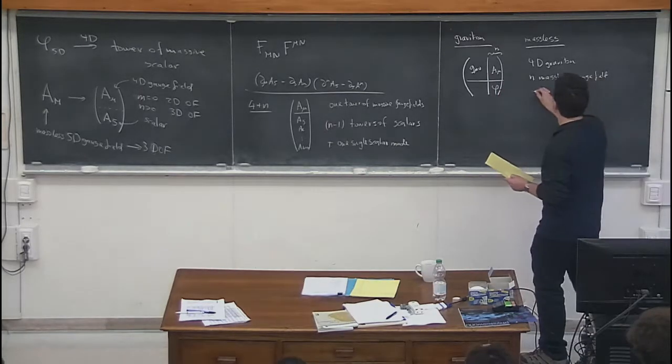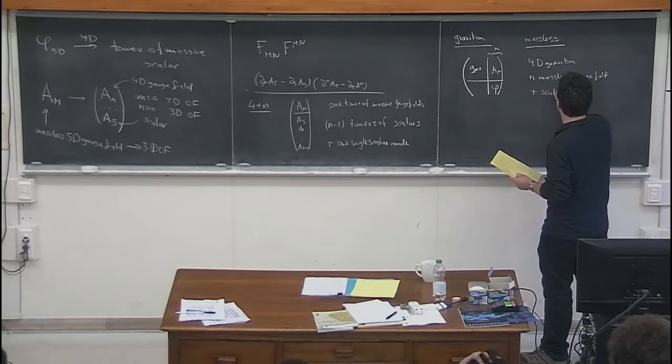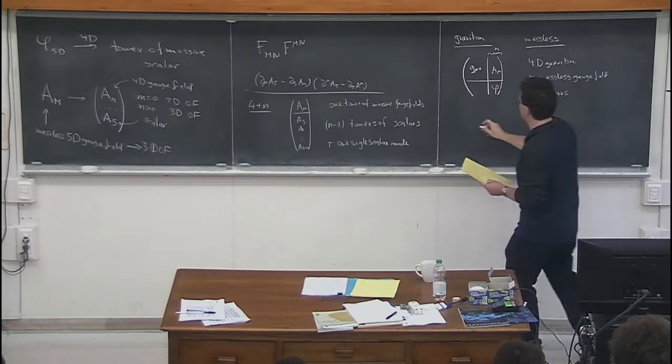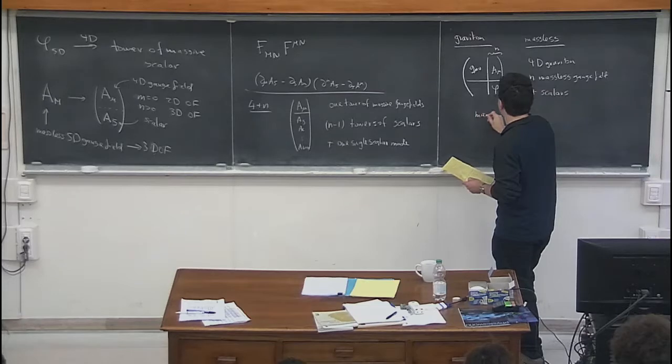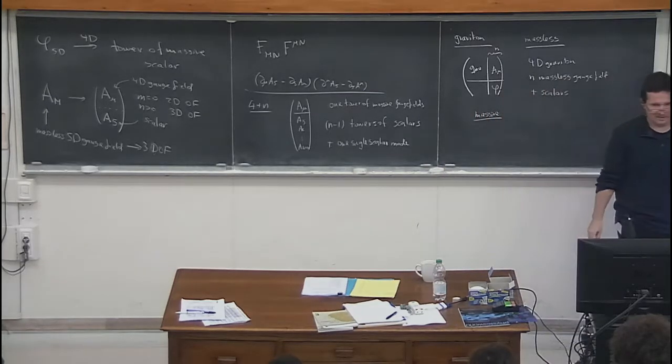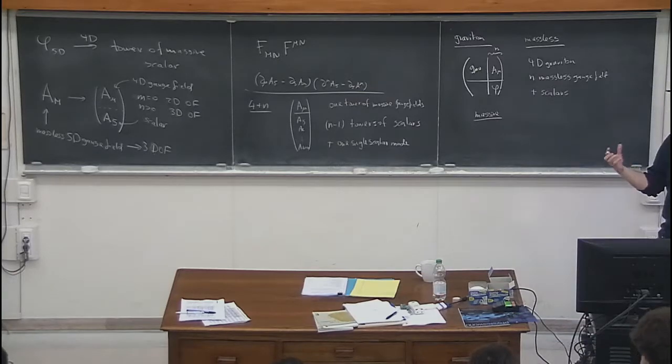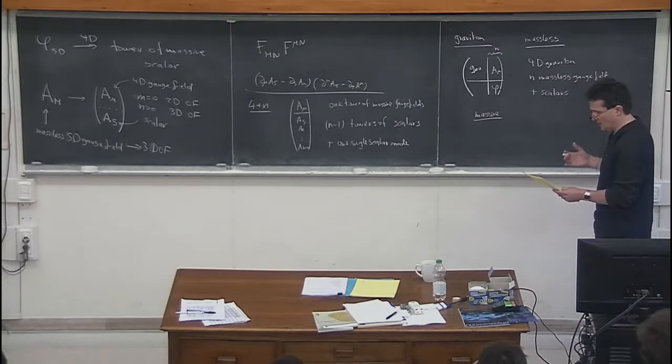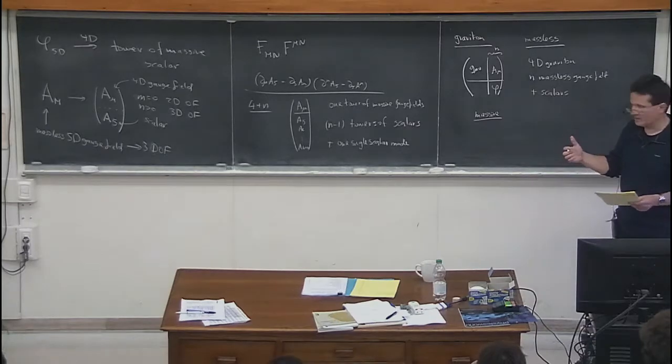But at the massive level, the first thing that has to happen is that the massive 4D graviton has 5 degrees of freedom, and that is actually going to eat one gauge boson plus one scalar.